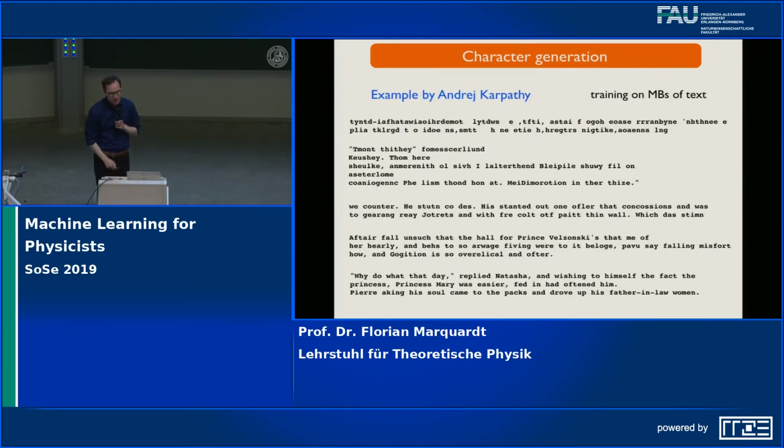There's a wonderful blog entry by Andrej Karpathy about the unreasonable effectiveness of recurrent neural networks. What he shows is that you can directly train these kinds of networks on megabytes of text. You always feed in the text letter by letter, and you know from your text database what should be the next letter, and that is the desired output that you demand from your LSTM.